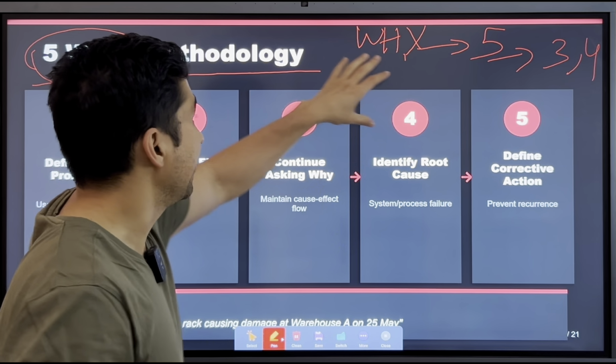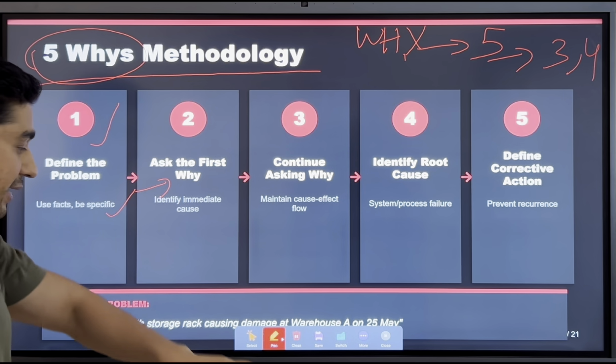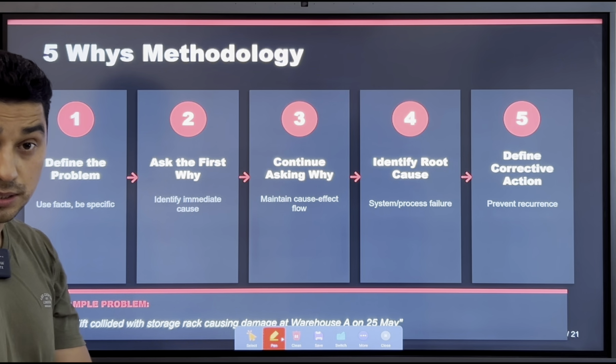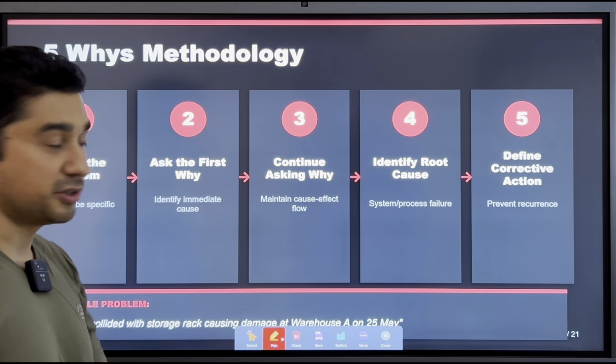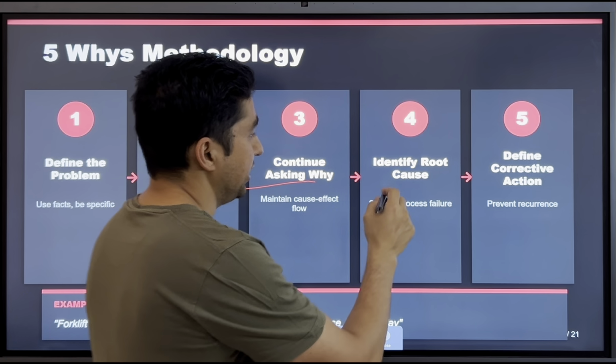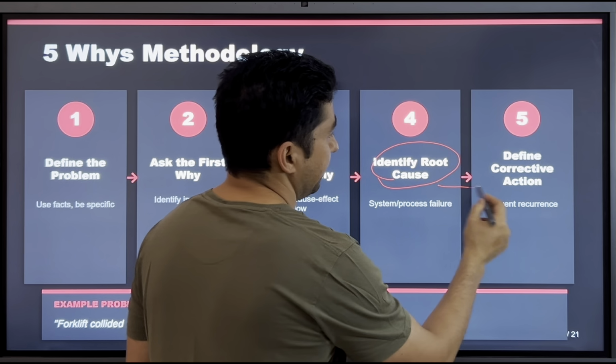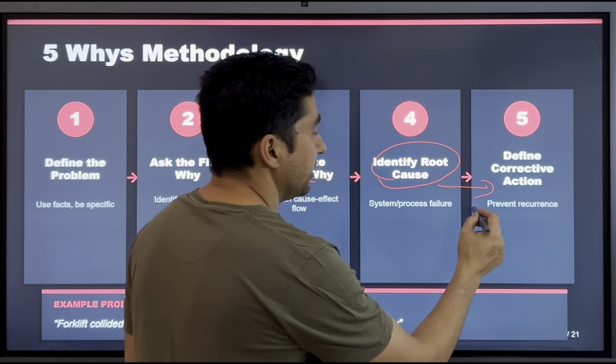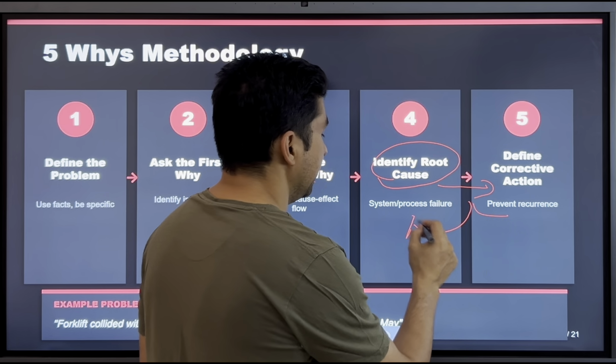So that's why we say it is a 5 Whys technique for incident investigation. Continue asking whys, identify the root cause, number 4, and define the corrective actions to prevent the reoccurrence once you identify the root cause.